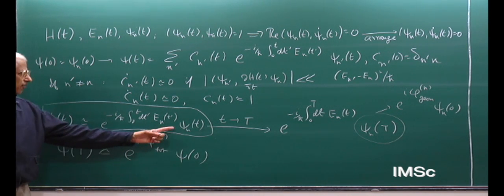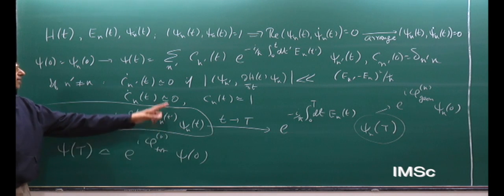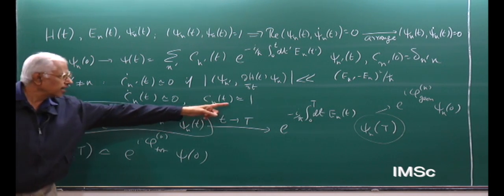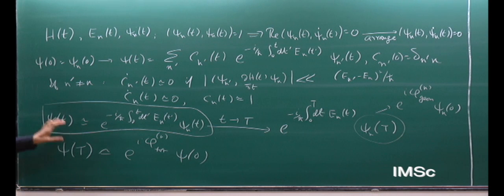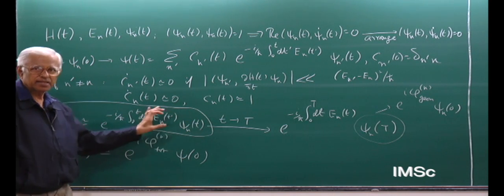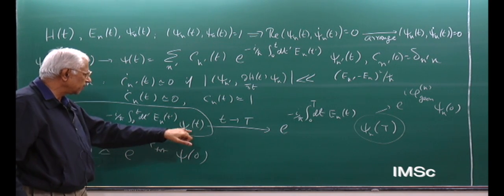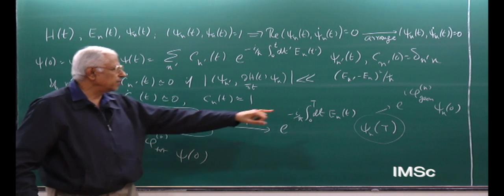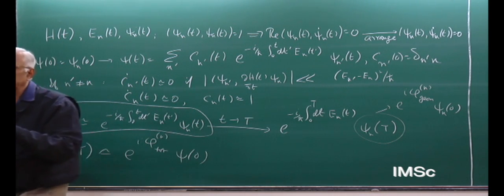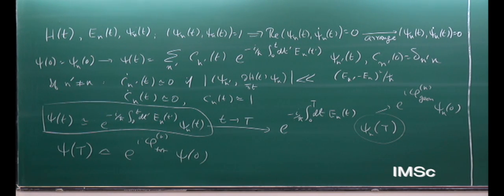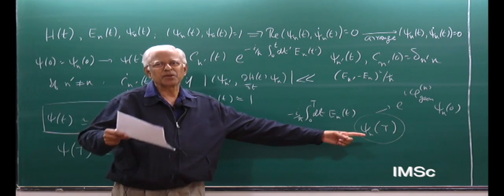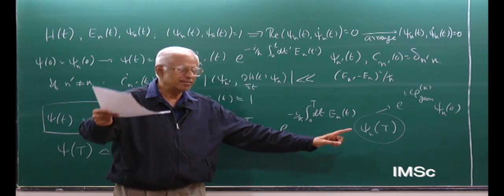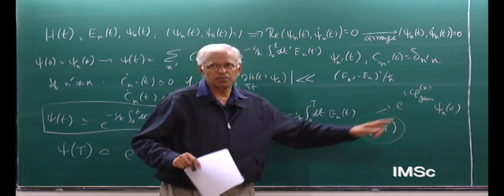No additional phases present here. Cn of t is 1 for all time within that approximation. Agreed. So there is no more phase. All that can happen is that psi n of capital T may differ from psi n of 0. That's correct. So that room is there here too. Not in this solution, but when you look at the cyclic property. Yes, I agree. Then we agree. There is room.